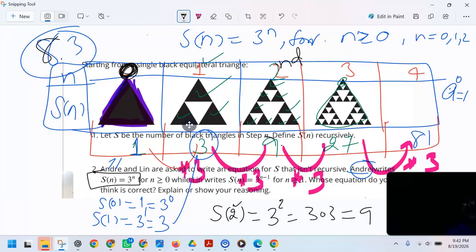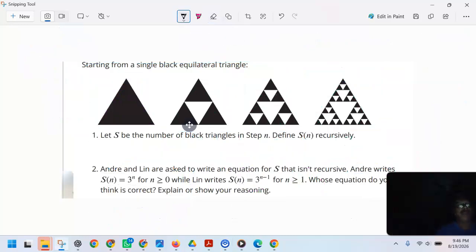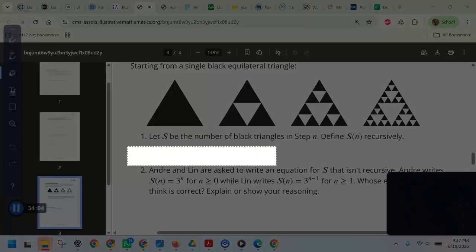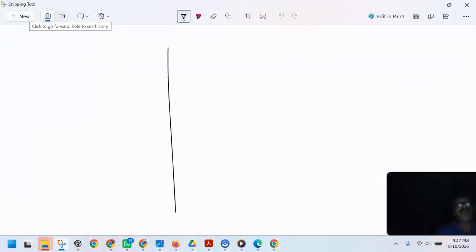Now let me take off everything and make it another way, an easy way to understand this. Okay, I'll make a vertical table. Watch this.